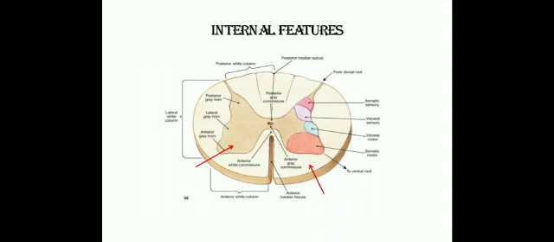White matter is due to the presence of nerve fibers and the grey matter is due to the presence of cell bodies. In the center of the grey matter, there is a central canal that contains cerebrospinal fluid. This canal is lined by a single layer of ependymal cells.